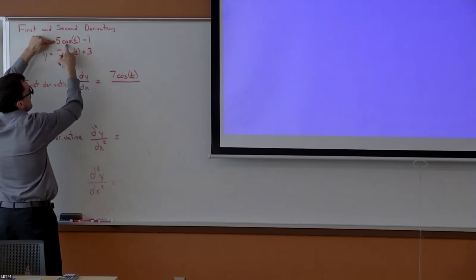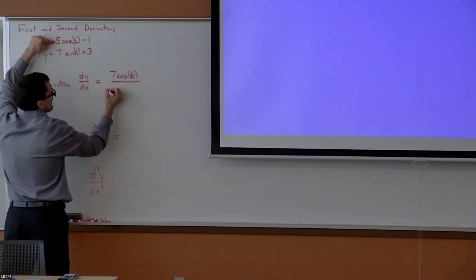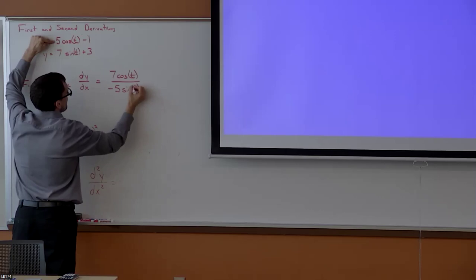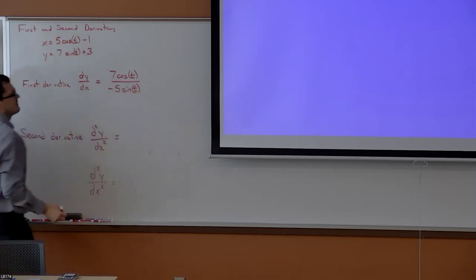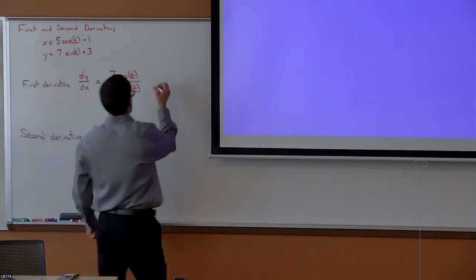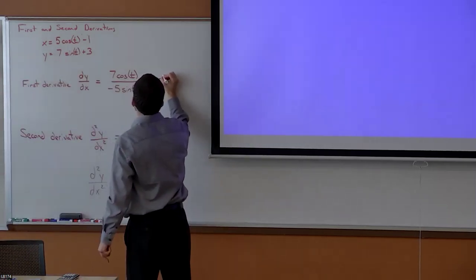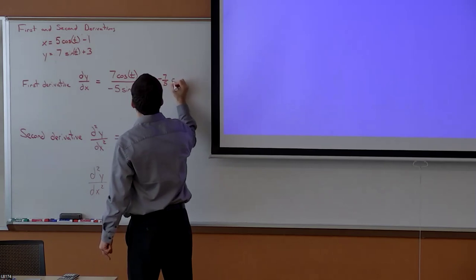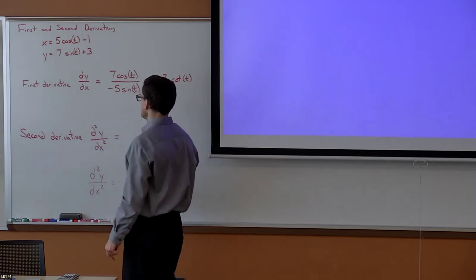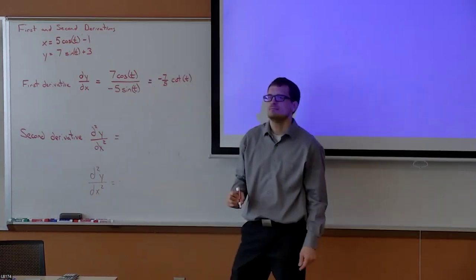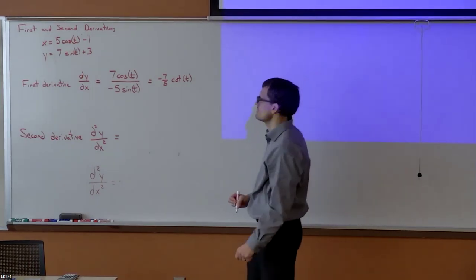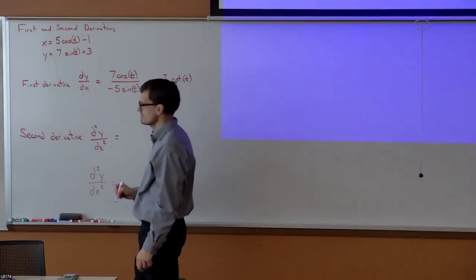Derivative of cosine is negative sine, so we get negative 5 times sine of t plus 0. There you go. By the way, this is negative 7/5 times the cotangent of t. Cosine over sine is cotangent.